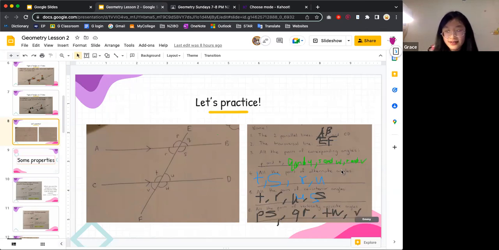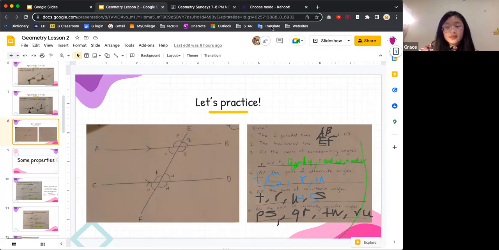Yes, nice, R and V. And well done, Amy. Yes, all of those are vertically opposite. So we talked about those last week, right? When you have two lines intersecting each other and the two opposite angles, so like this one and this one, they're vertically opposite. Cool.